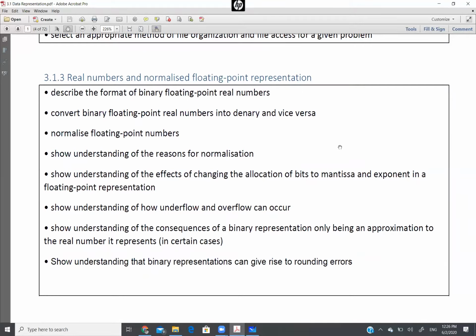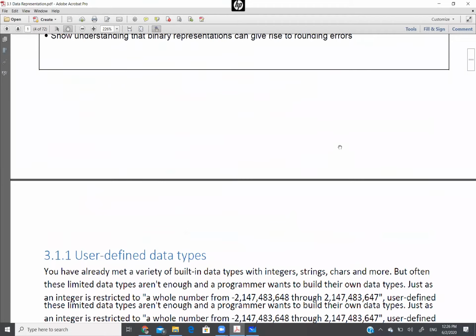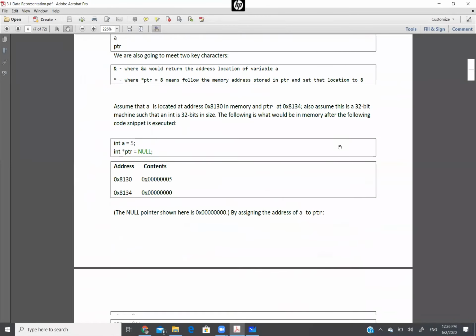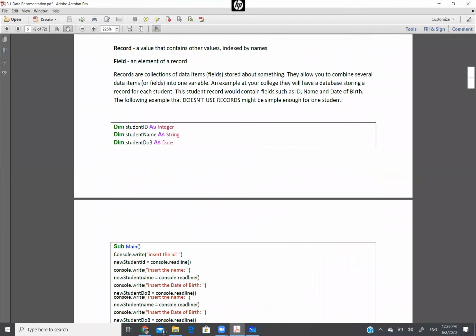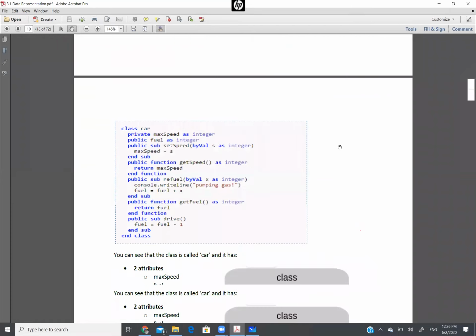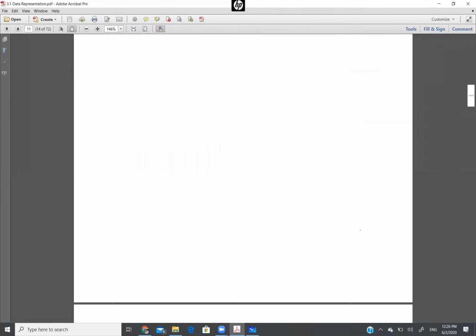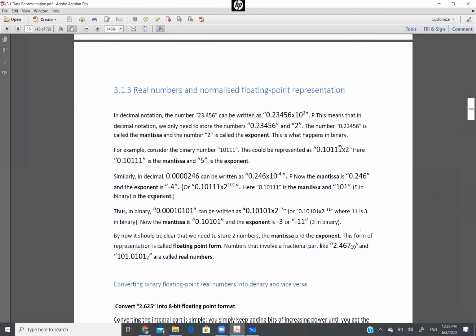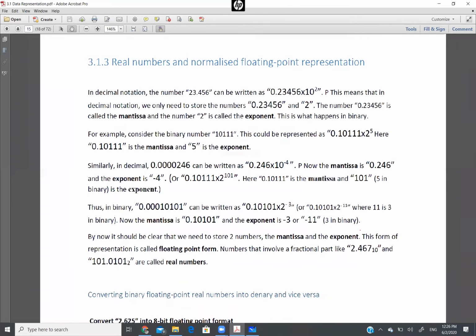The real data type, if you remember. Let's do it. These are the classes, file organization, all theory. So the real fun begins from here, okay?